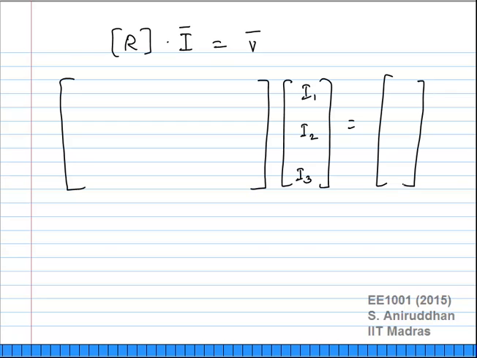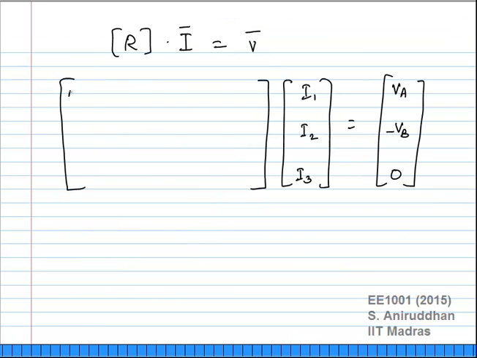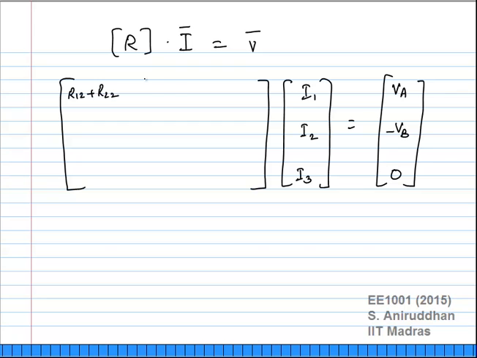Let's populate the right hand side. I have VA minus VB and 0. On the left hand side I have R12 plus R22, minus R22 and minus R12. Now the minute I know this, I can also populate the first column. So this is going to be minus R22, this is going to be minus R12.